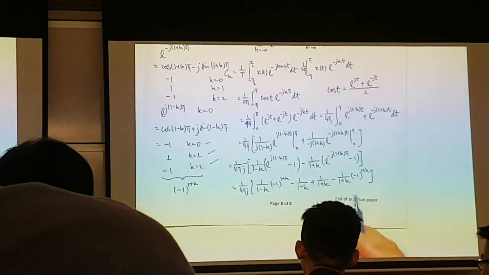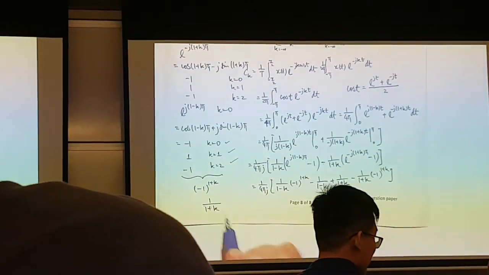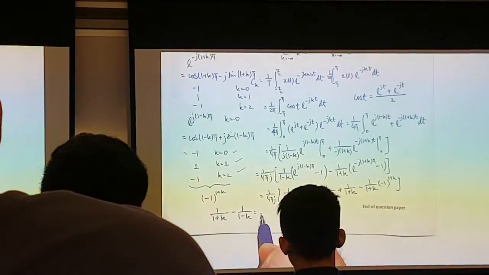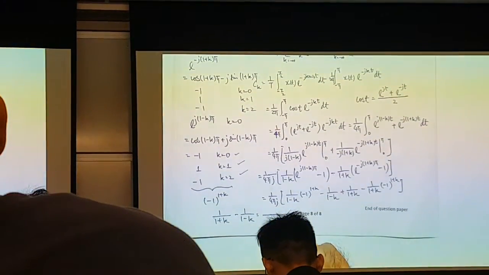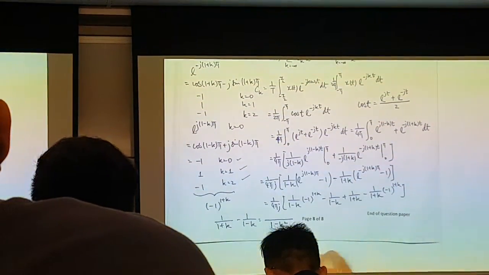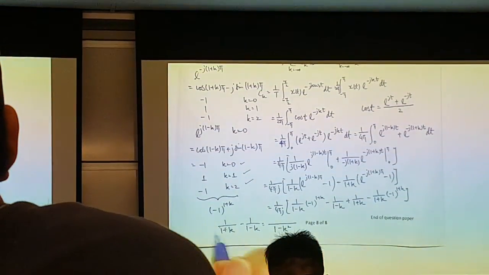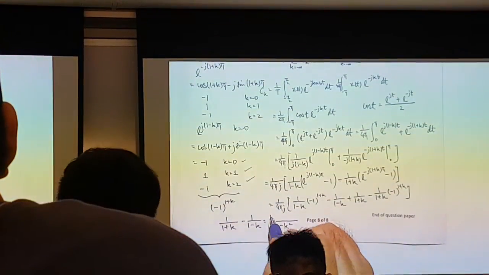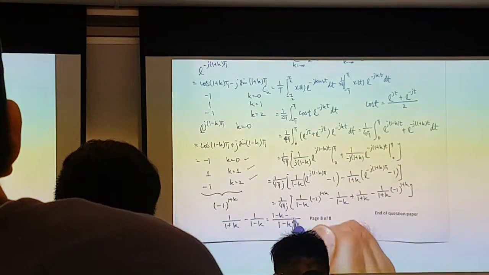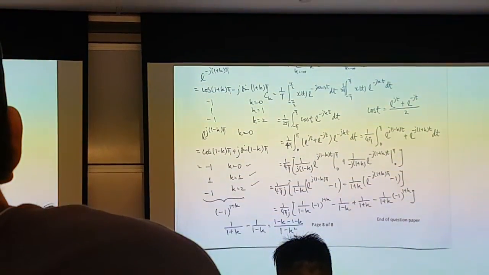So you have 1 over 1 plus k minus 1 over 1 minus k. If you try to find the common denominator, it's going to be 1 minus k squared, because of a plus b, a minus b. When you cross multiply them, you have 1 minus k for this term, minus 1 minus k.